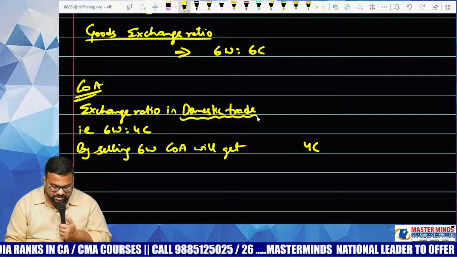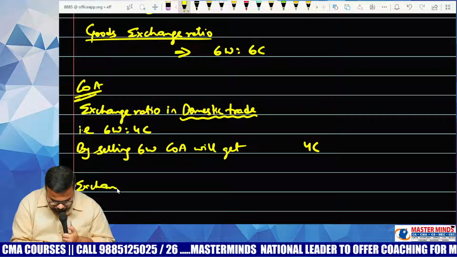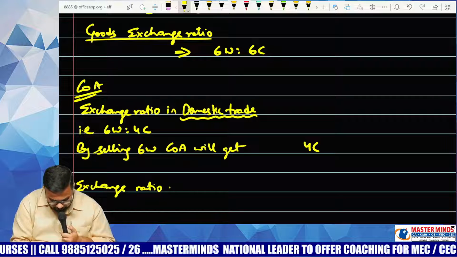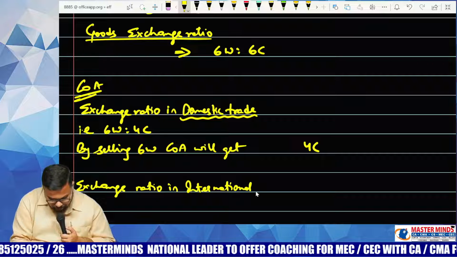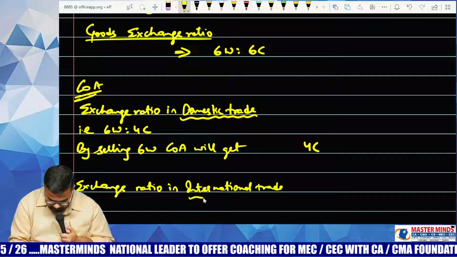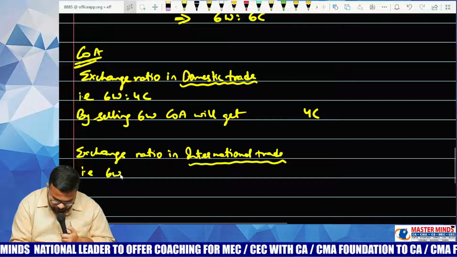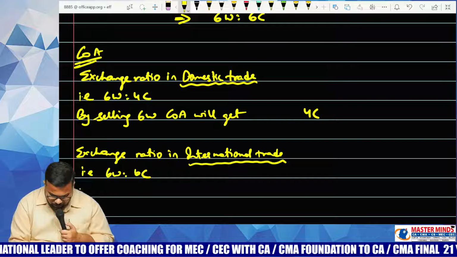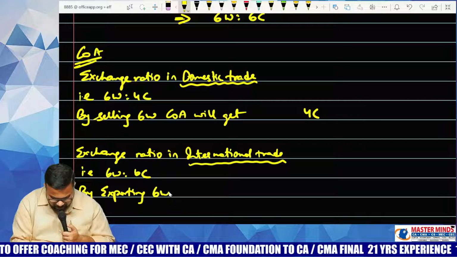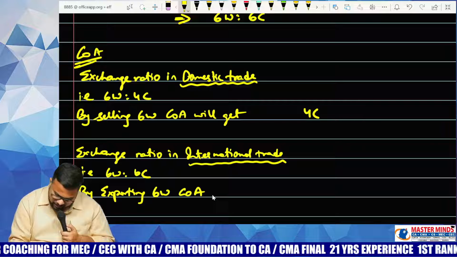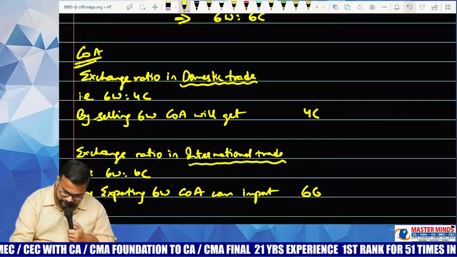Now I need to compare this with the exchange ratio in international trade. What is the exchange ratio? 6W is to 6C. That means by exporting 6W, country A can import 6C.